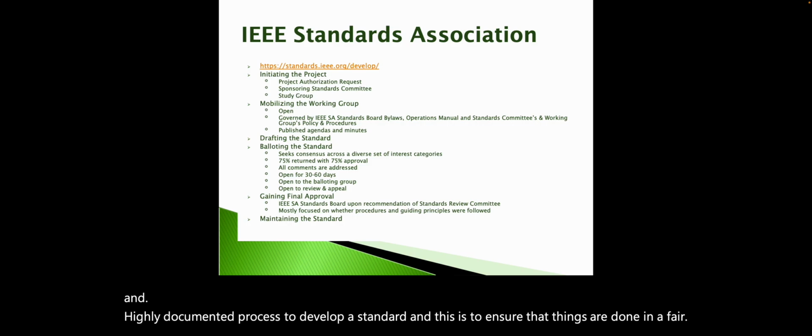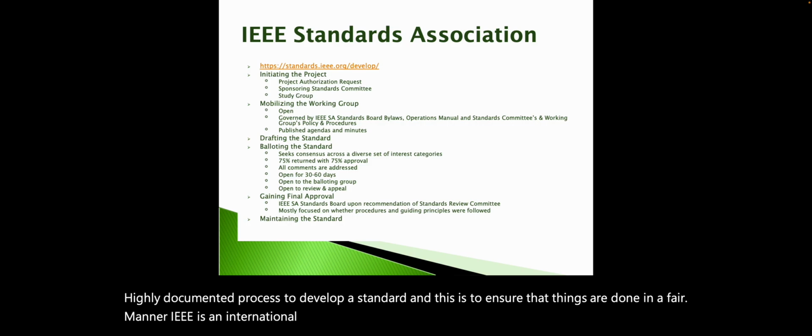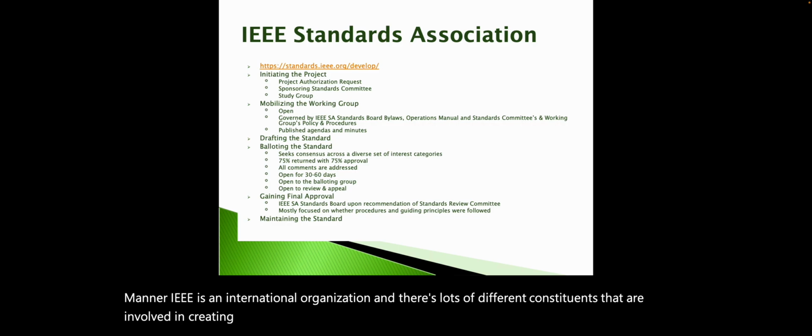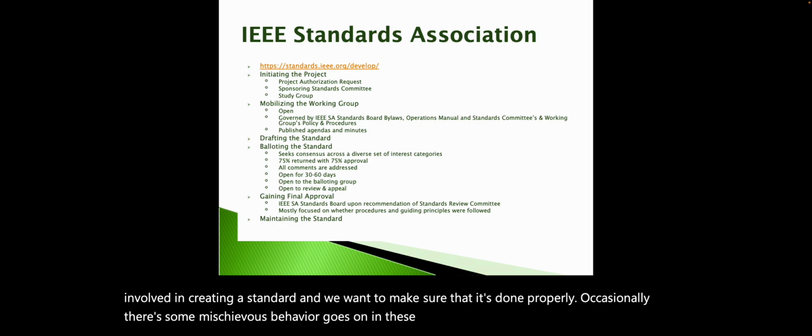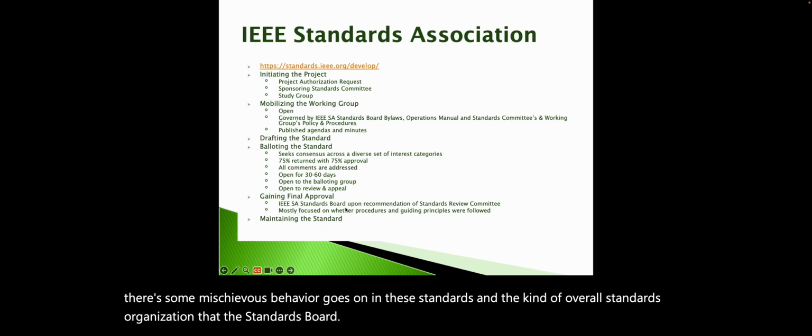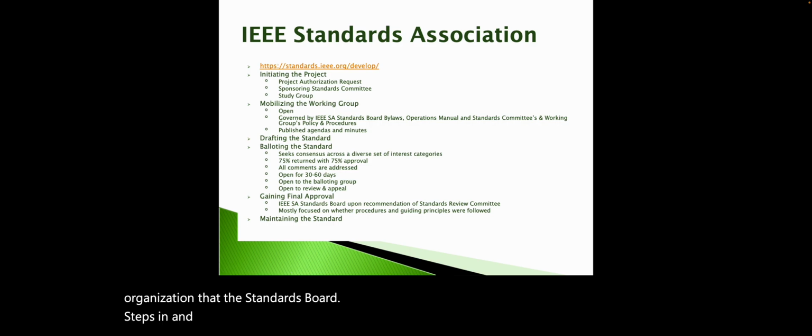IEEE is an international organization, and there's lots of different constituents involved in creating a standard, and we want to make sure that it's done properly. Occasionally, there's some mischievous behavior that goes on in these standards, and the overall standards organization, the standards board, steps in and may shut down a standards process.